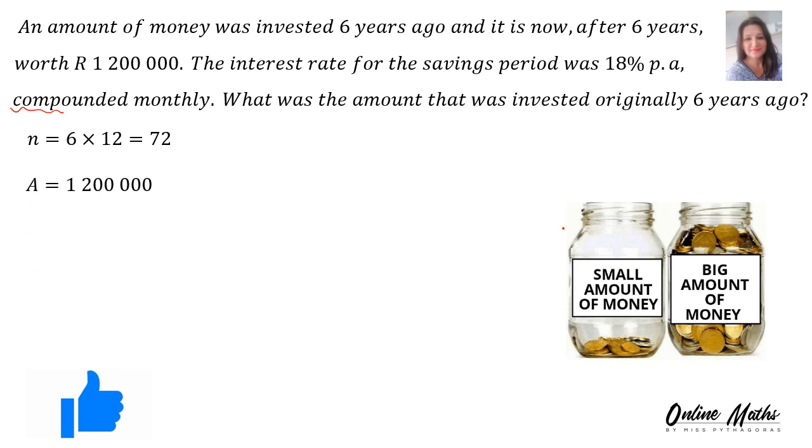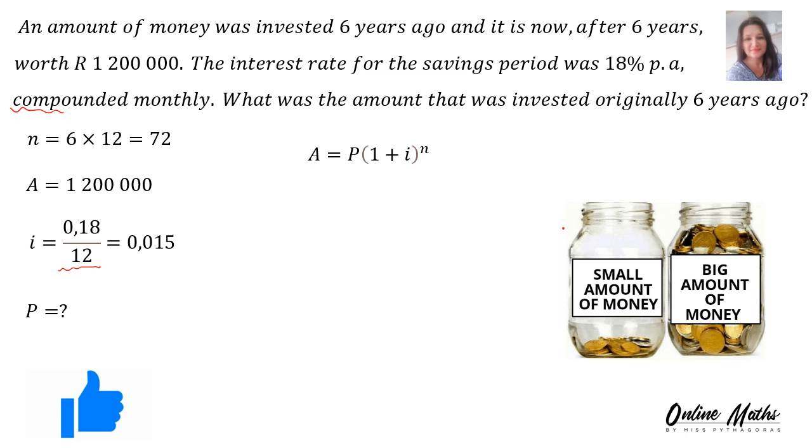A, the final amount, is the 1.2 million. i was 18%, which is 0.18 over 12. Why? Divide by 12 since it is compounded monthly. So i is 0.015. P, that is what we're looking for. What was the amount that was invested?